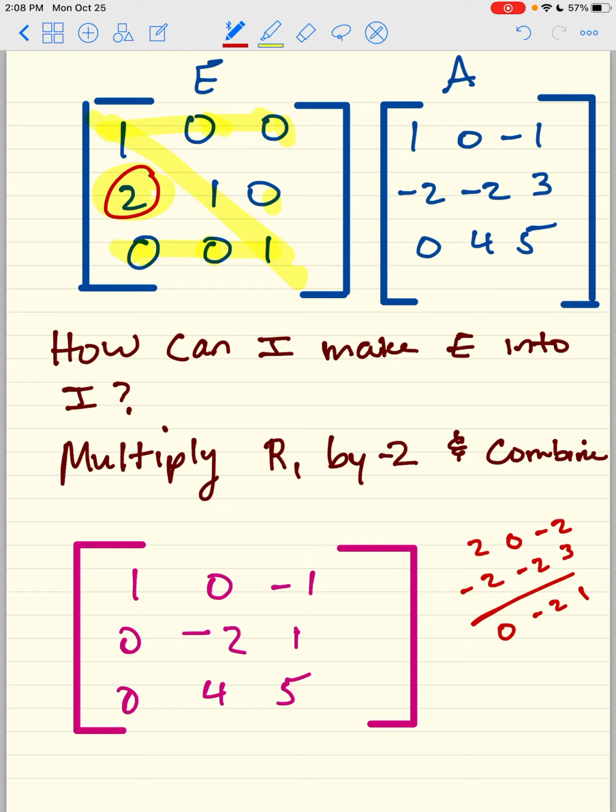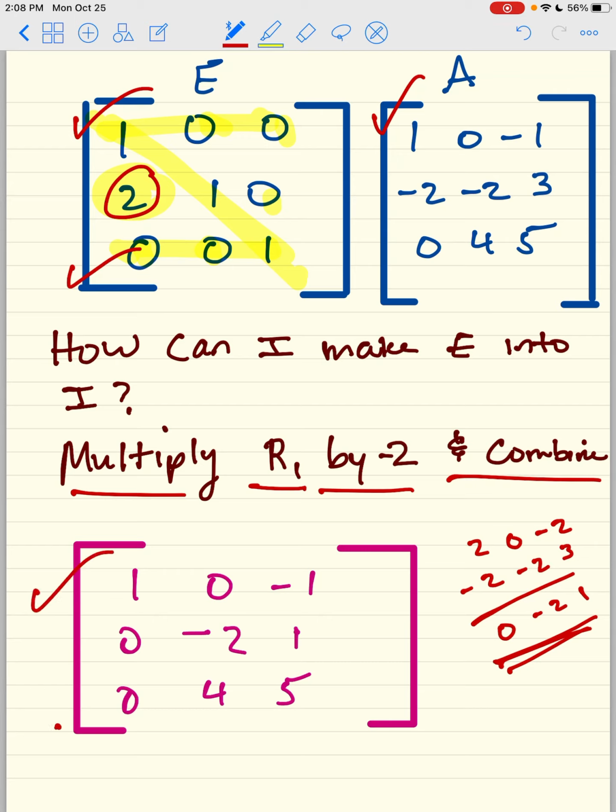So what could I do here? Well, what I can do here is multiply R1 by -2 and then combine them. So if I did that, I would get 0, -2, 1. All I did was my first person, I never did anything to. My last person, I never did anything to. It's just the second.